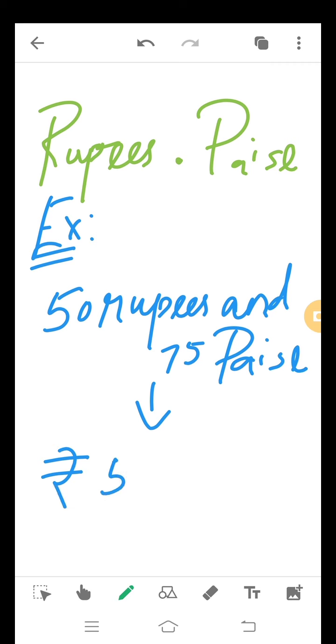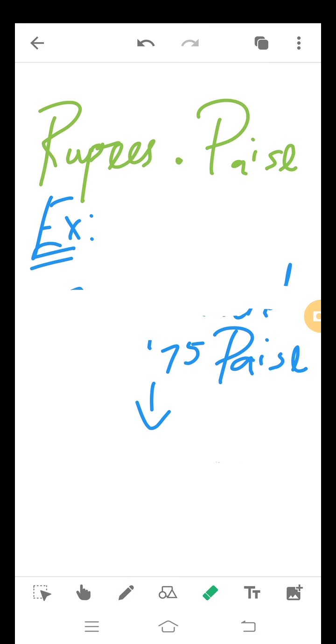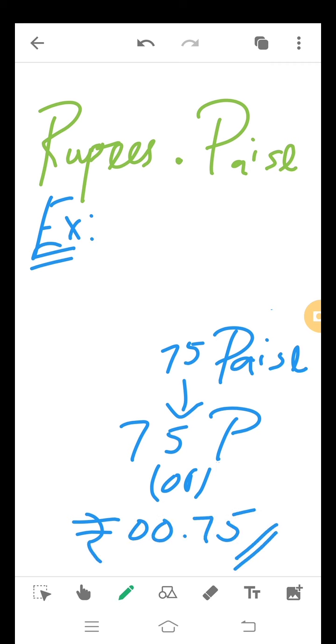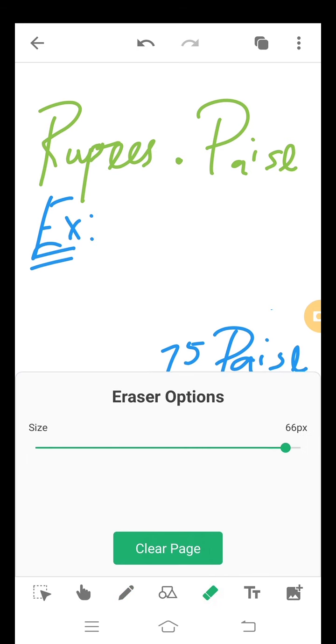First you have to write 50 rupees point 75. See that clearly, that point separates rupees and paise. Now 75 paise. How will you mention 75 paise? You can mention it like 75p, which means paise. Otherwise, 0.75. Both are correct. You can use any one of them.